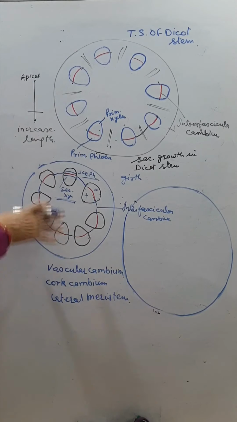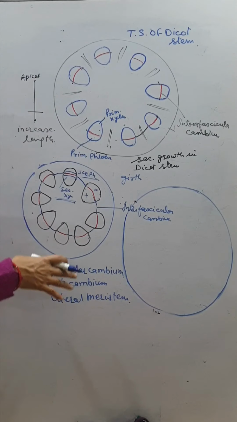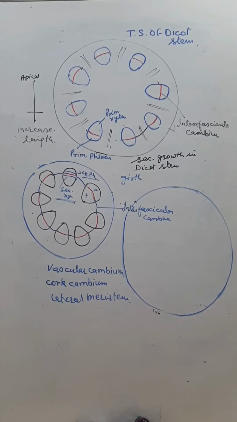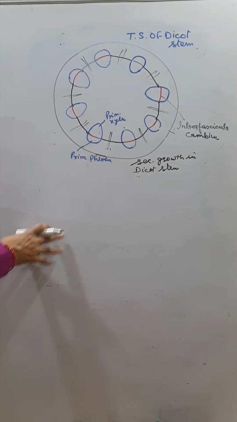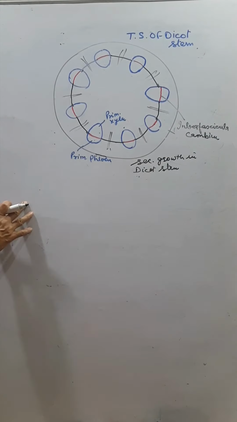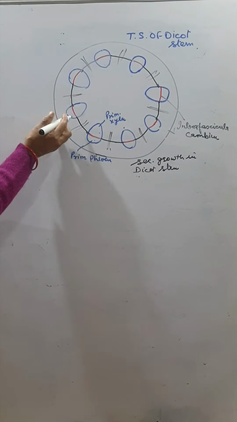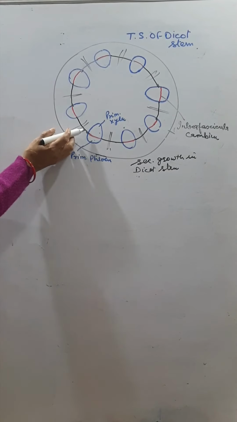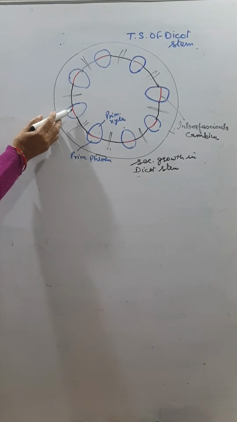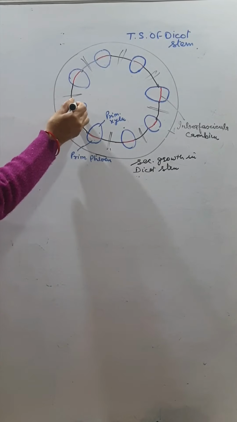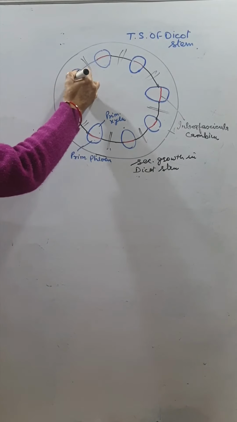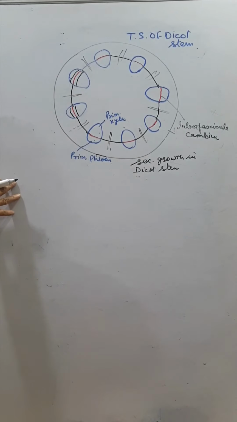Now we see the tissues in sequence in the primary growth and the secondary growth. The interfascicular cambium is already formed. The cambium forms the secondary phloem outside, and secondary xylem inside.